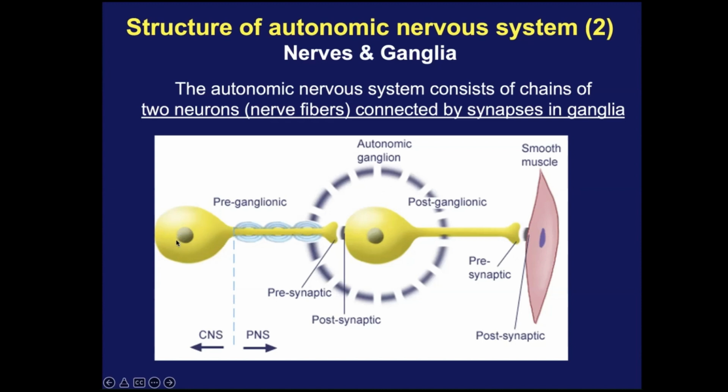When the first cell is excited, it releases neurotransmitter, which activates the receptors on the cell body of the second neuron. And when the second neuron is excited, it releases neurotransmitter to the target cell. And there are also receptors expressed on the membrane of the target cell so that it can regulate the activity of the target tissue.